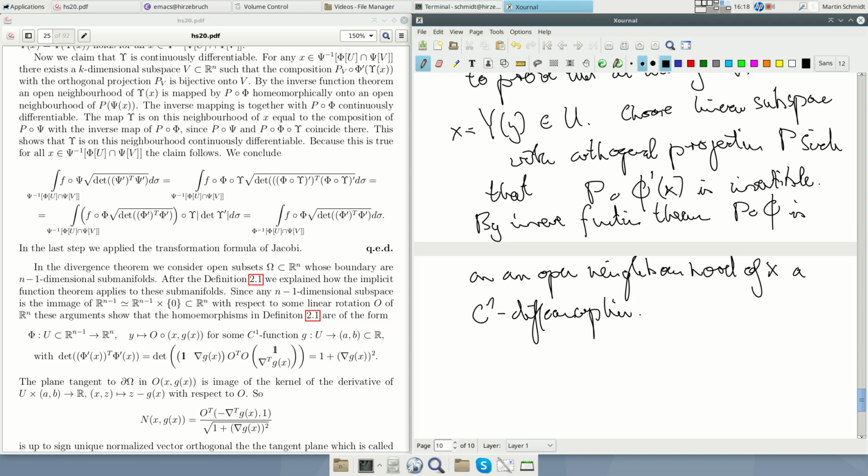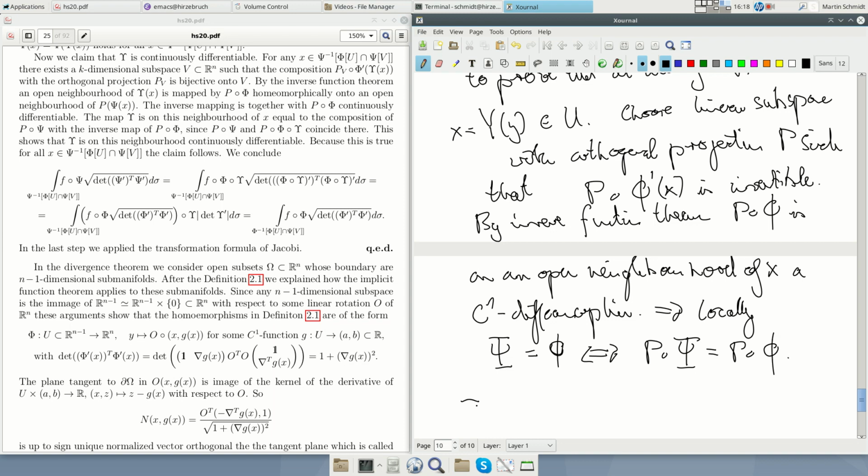But this means that locally psi is equal to phi if and only if P composed with psi is equal to P composed with phi.